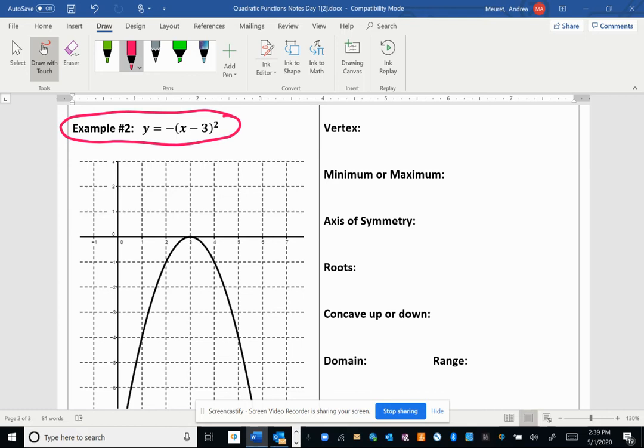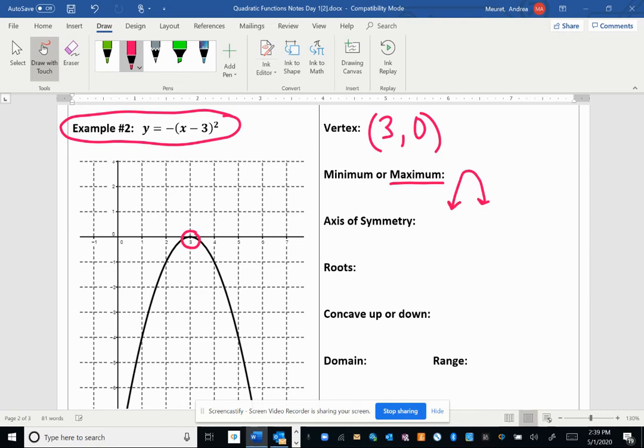And so this parabola has a vertex up at the top. It's right here. And that point is where x is equal to 3 and y is equal to 0. This time, the vertex is a maximum point because it's at the top.